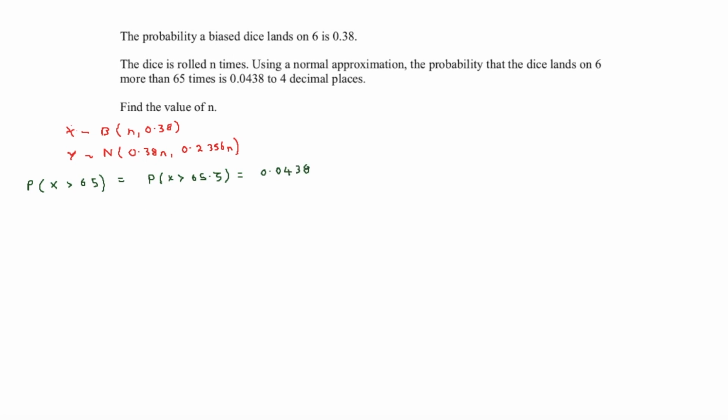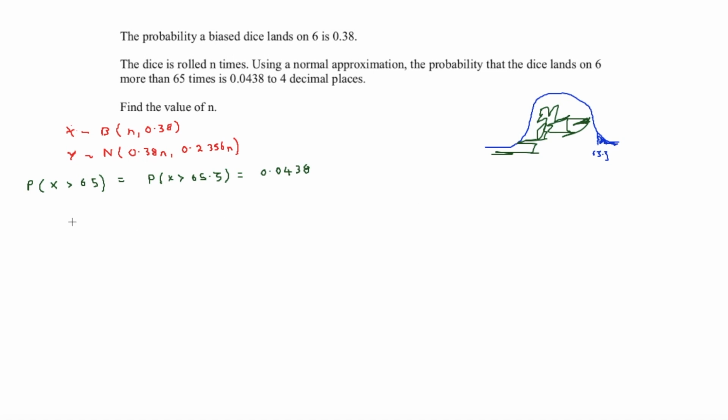That also means that if we are imagining our normal, our bell-shaped curve over here, if it's more than 65.5, say 65.5 is there, then we've got that tiny area there, which also means that all of this area around here is going to be less than 65.5.